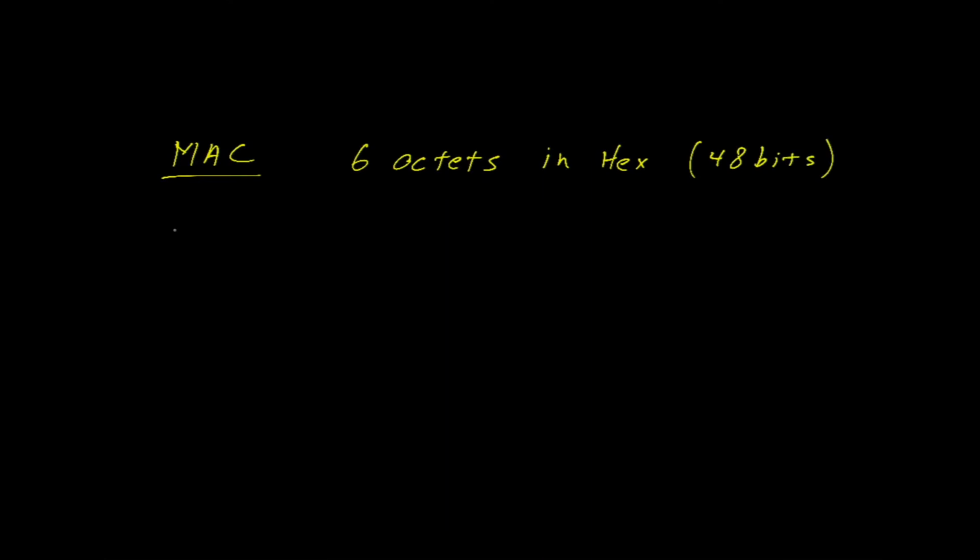For your note card, the MAC, that's something we've seen in lab before. There are 6 octets, and that is in hex, which means there's a total of 48 bits in a MAC address. An IPv4 address, that's similar to the one we used in the lab, so that's 192.168.1.104.